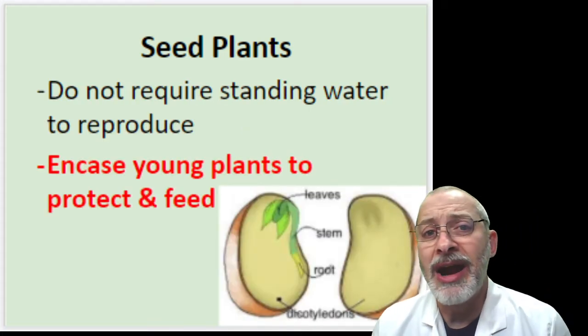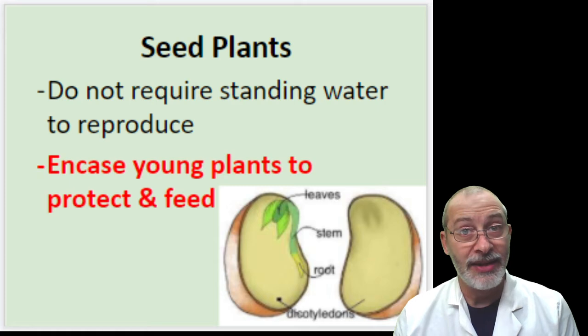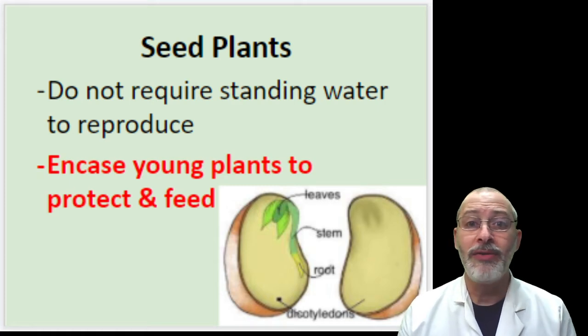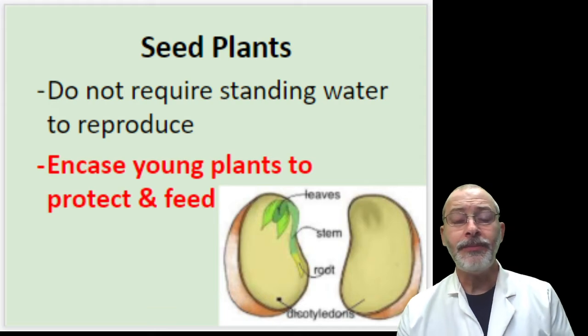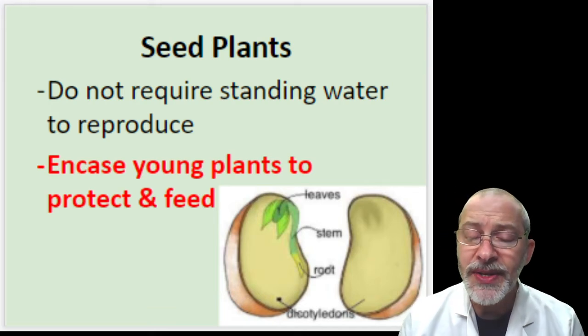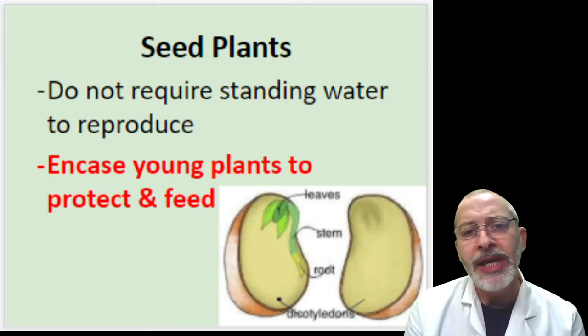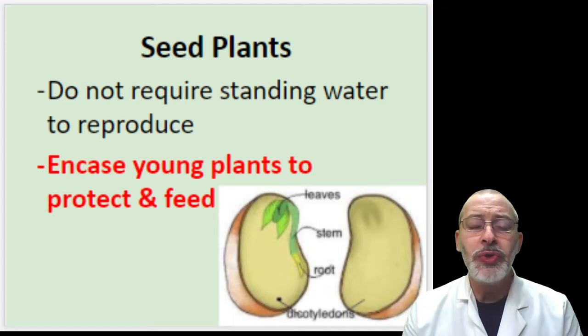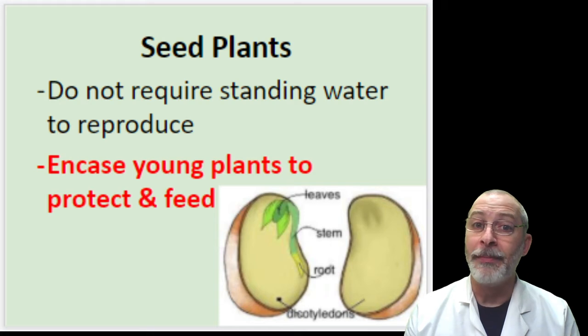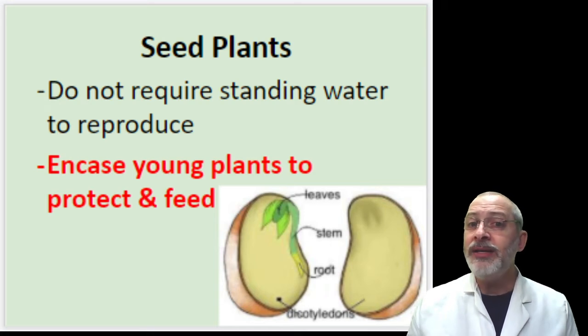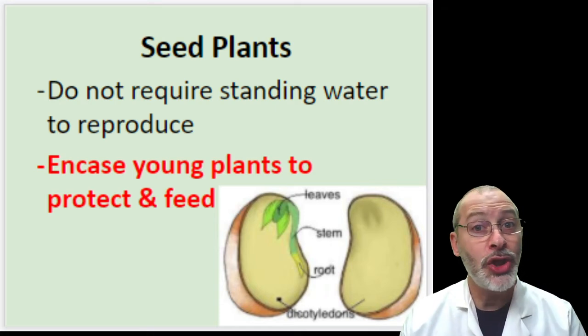Another interesting characteristic of seed plants, which is unlike all of the previous plants that we've talked about so far, is that they encase, they enclose their young plants to protect and feed them. Kind of in a similar way as humans.